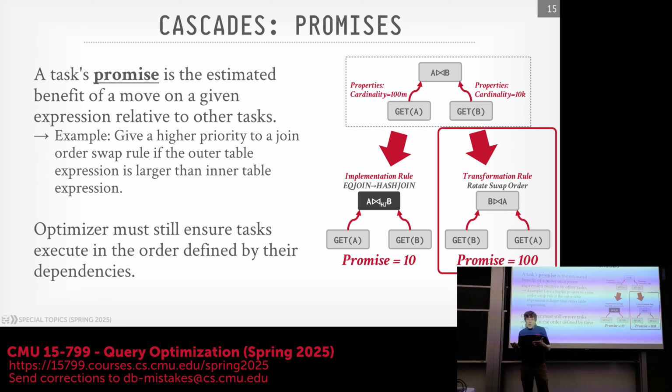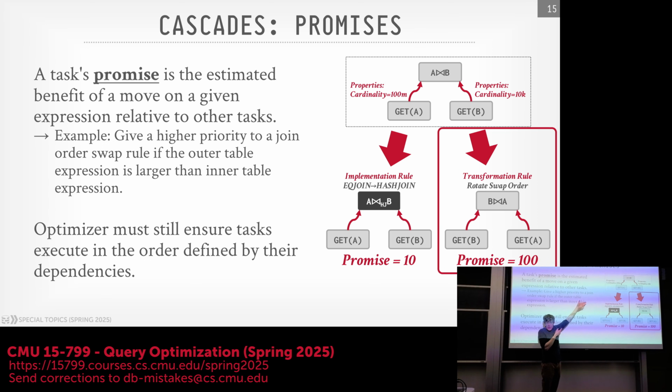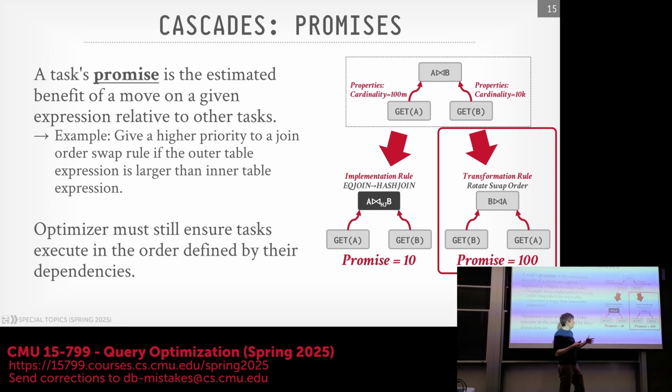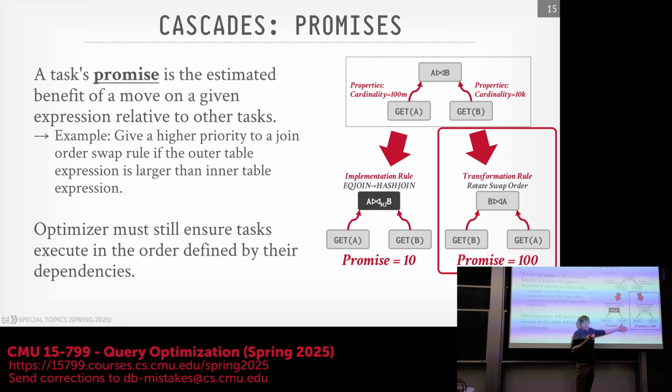And then, of course, it depends on how good your cardinality estimates are. If there's no predicates on A and B, it's just the number of tuples. The catalog will have that. But if you're now trying to estimate the selectivity of a predicate, and you don't have good statistics, the promise may actually end up being wrong.